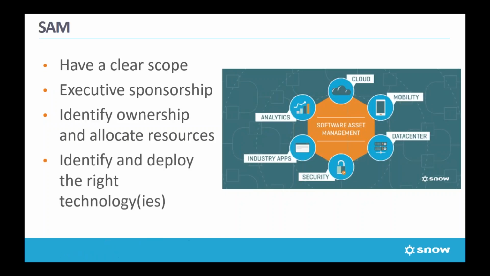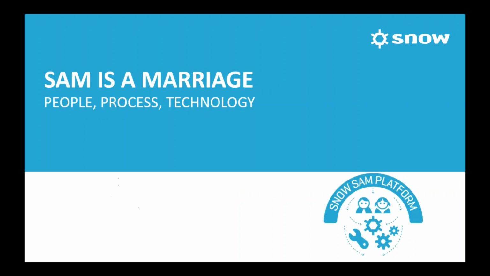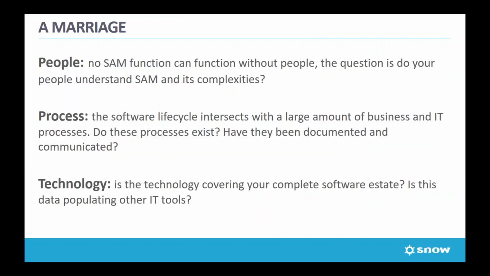So once those program ownerships have been identified, then you can start to identify and deploy the right technologies. And the idea is that SAM is a marriage, right? It's people, process, and technology. And really, the most important thing after you've defined the people is the process. The processes for software asset management, time and time again, are overlooked.